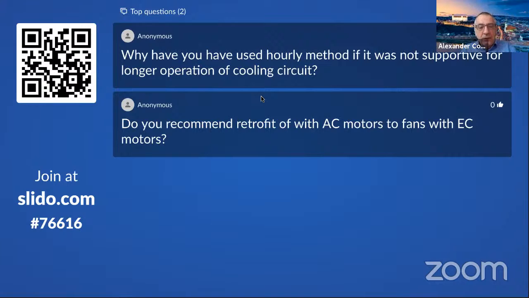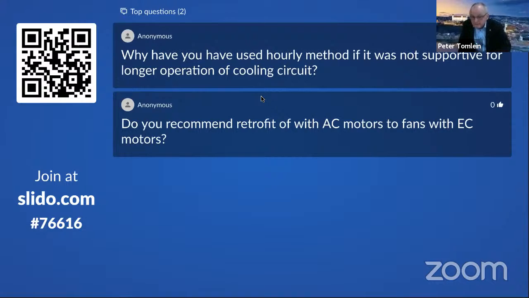And the second question is, do you recommend retrofit of AC motors to fans with EC motors? Yes, economy is not always the main reason for a retrofit.